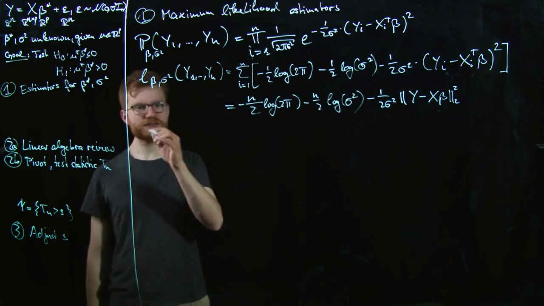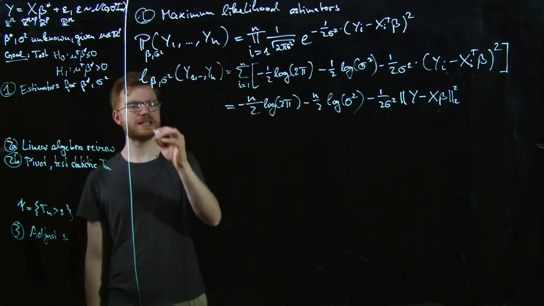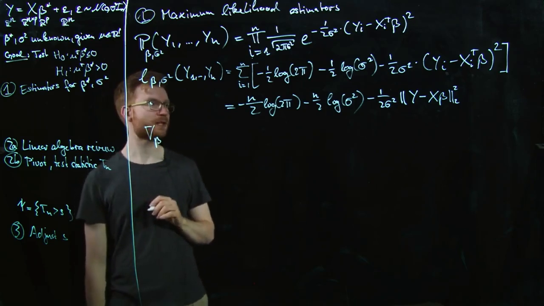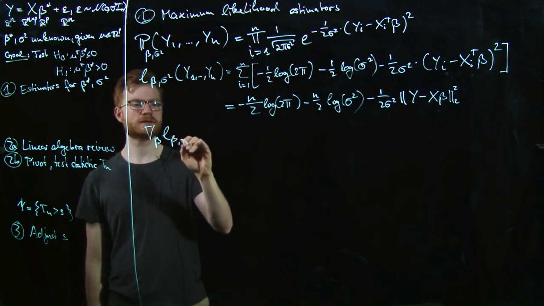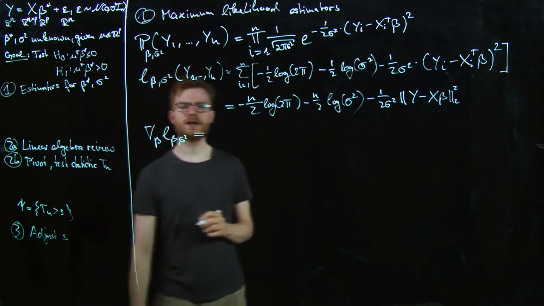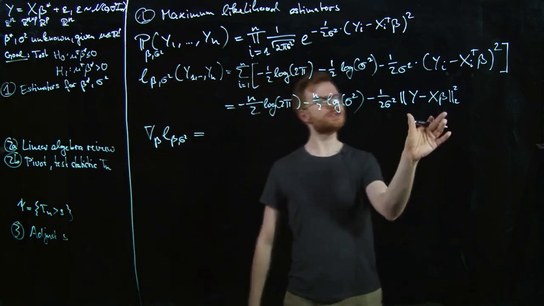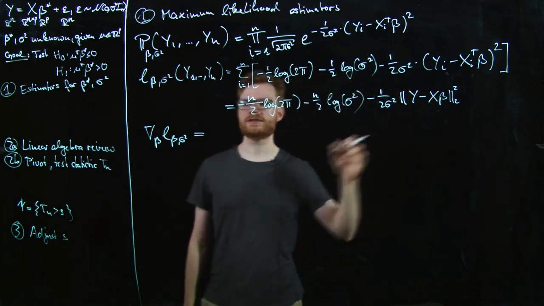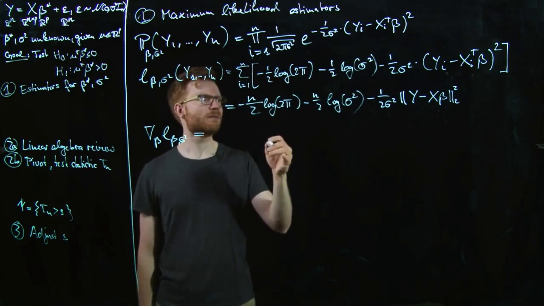Let's just briefly go through the calculation again. So let's just do what I just hinted at doing. If I want to optimize with respect to beta, I take the gradient of L, and let's just omit the parameters here, of L with respect to beta. Now, I need to remember how to differentiate multivariate functions, but the norm squared has the basic form.